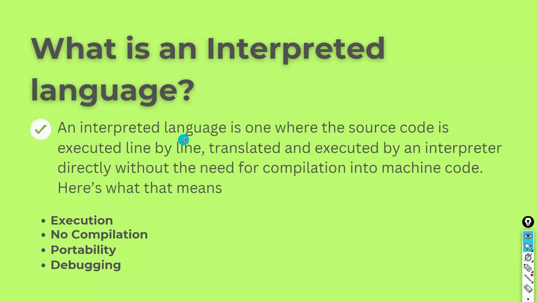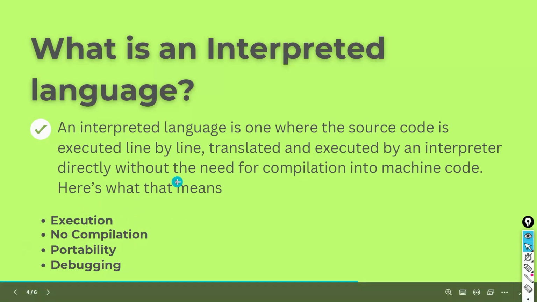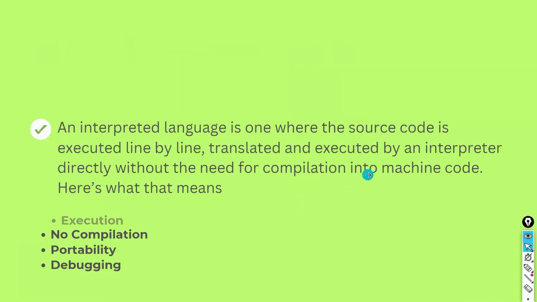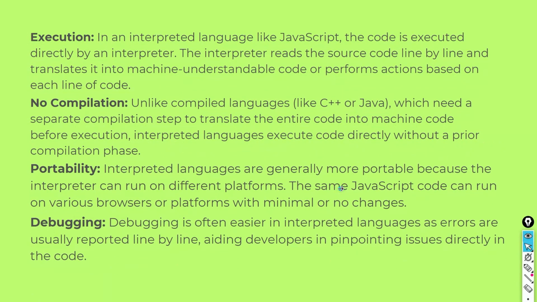What does interpretation mean? A language which is interpreted has its code interpreted line by line. A line is interpreted at a time and then the next. These are the key things we will understand: interpretation, execution, compilation, portability, and debugging. So execution.